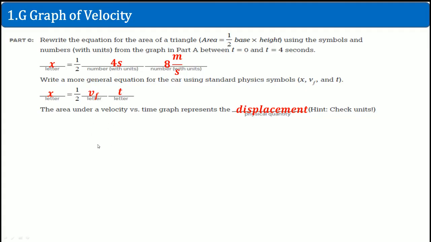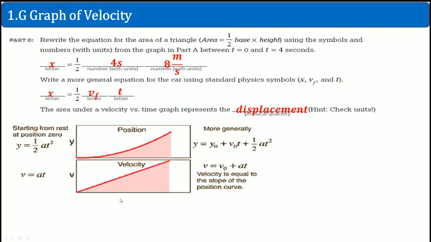I just want you to understand that the slope of the position graph will give you the velocity.